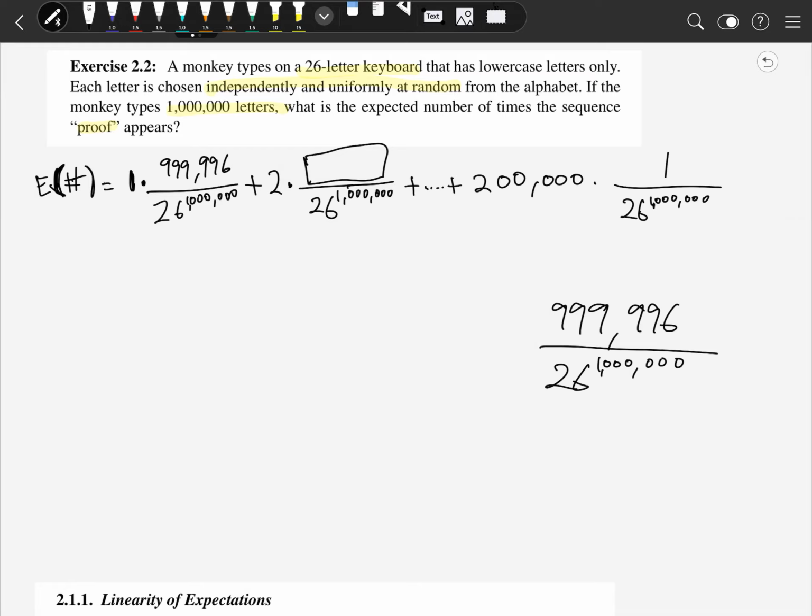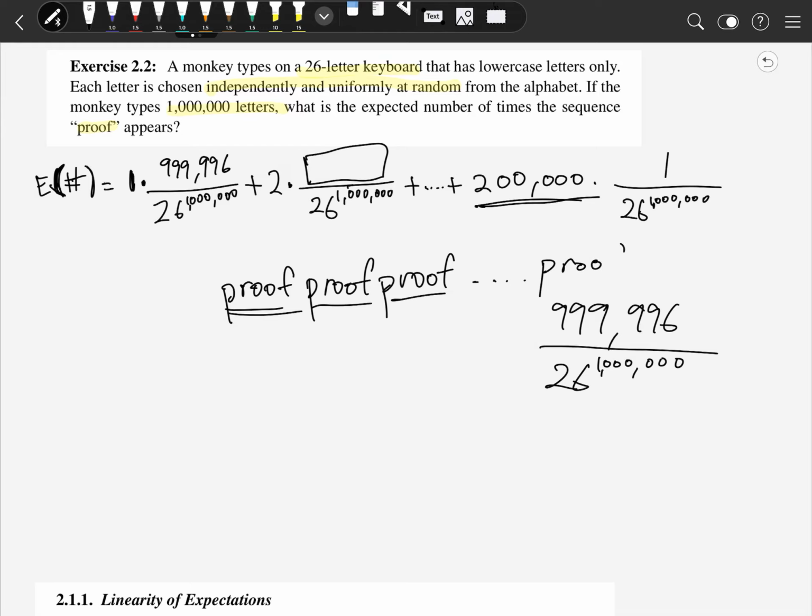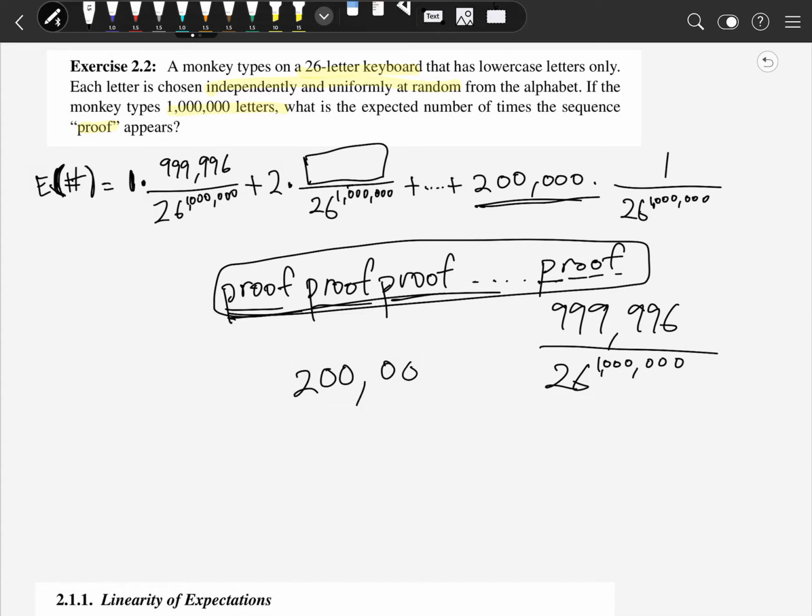The reason why I am using 200,000 as the maximum number of times the sequence "proof" appears is because when we pack the sequence of letters full of "proof" from the start all the way to the last letters, it can contain 200,000 of them.